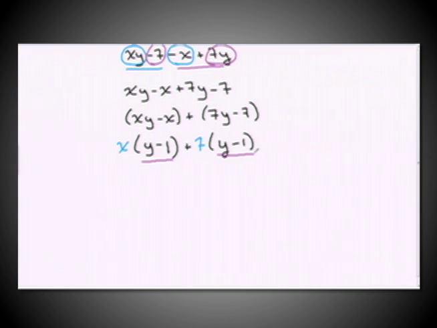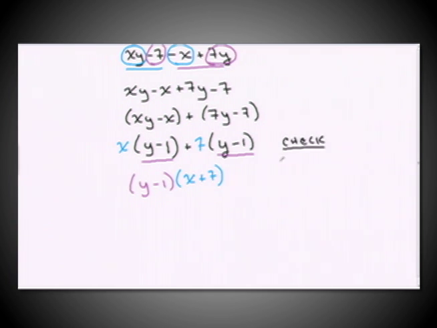Well, that common binomial factor can be factored by dividing it out of each of the terms and bringing it out front. And then our next factor is made up of what's left over. So y minus 1 times x plus 7 is the factored form of the polynomial xy minus 7 minus x plus 7y. Let's check through multiplication.